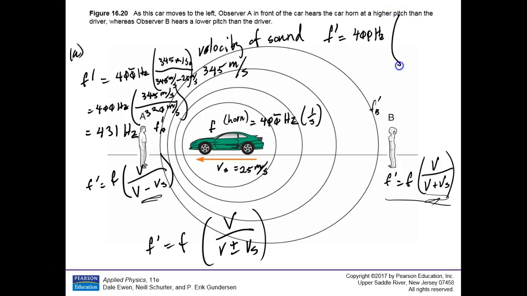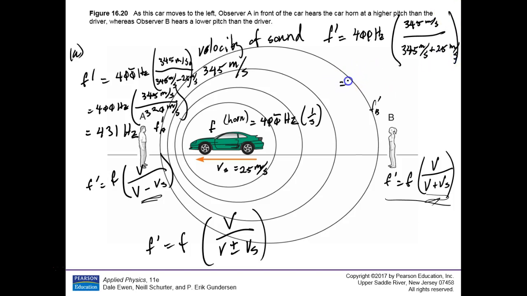Okay? Times 345, the speed of sound is still the same, meters per second, divided by, what do we do this time? Add the 345 meters per second to 25 meters per second.